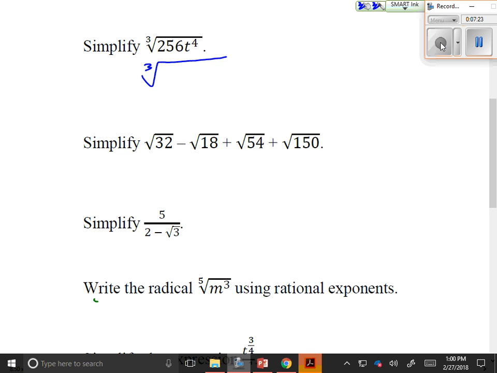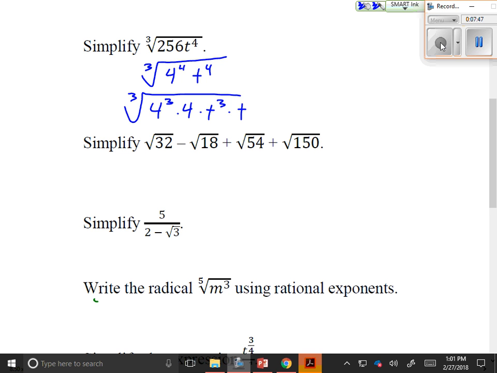So if we called that 4 to the 4th times t to the 4th, we need exponents with 3. So we're going to break it down to 4 to the 3rd times 4. That's the same as 4 to the 4th. And t to the 3rd times t.